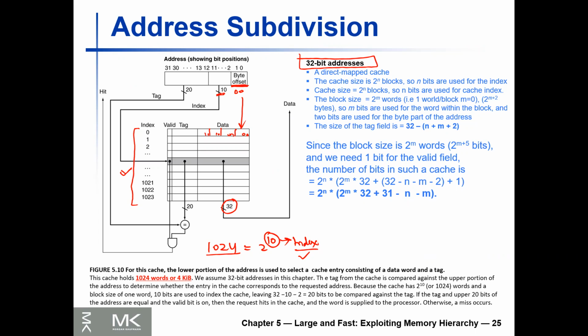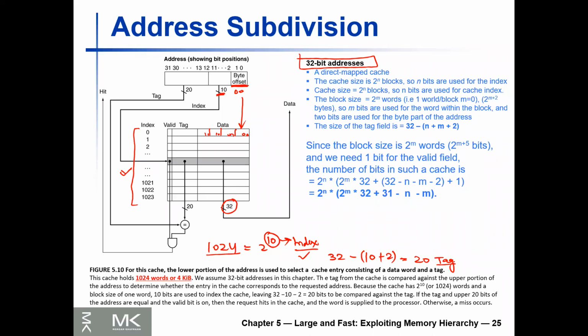Now what is remaining? We have a total 32-bit address. Out of these 32 bits, 10 are already removed for the block index, and 2 bits are already removed for the byte offset. So how many are remaining? 20 bits. And this is basically the tag bits.